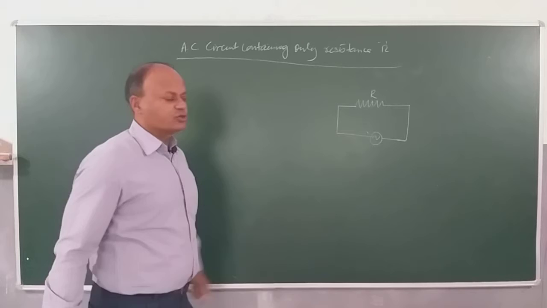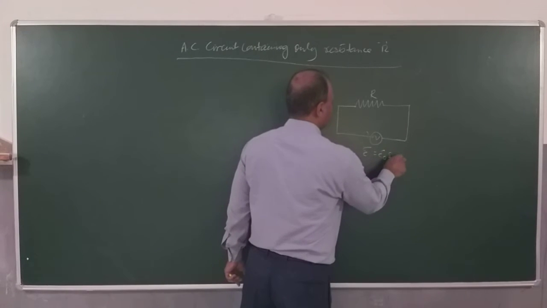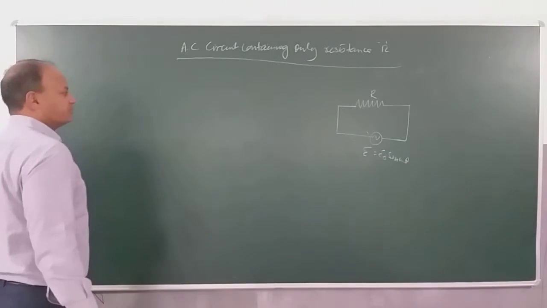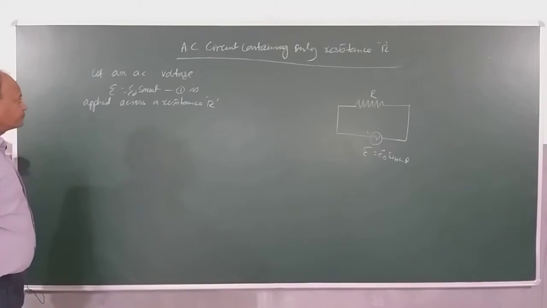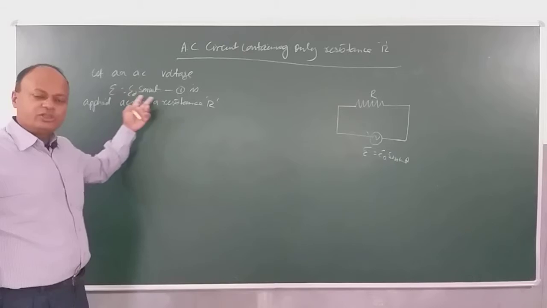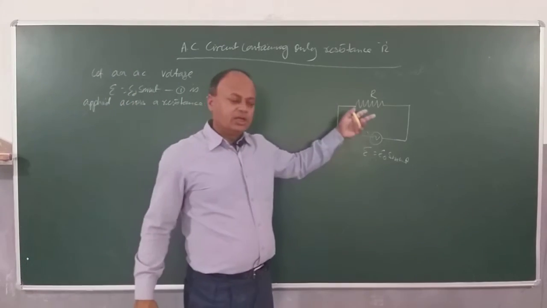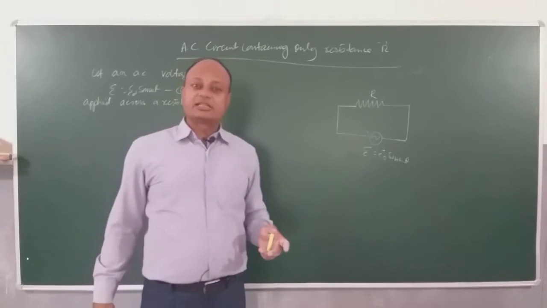We have connected an AC source, and obviously this will have an EMF equal to E0 sin omega t. Okay, so let's write this. So children, let an AC voltage E equals E0 sin omega t be applied across this resistance R, and as the AC voltage is connected, it will set up a current in the circuit.